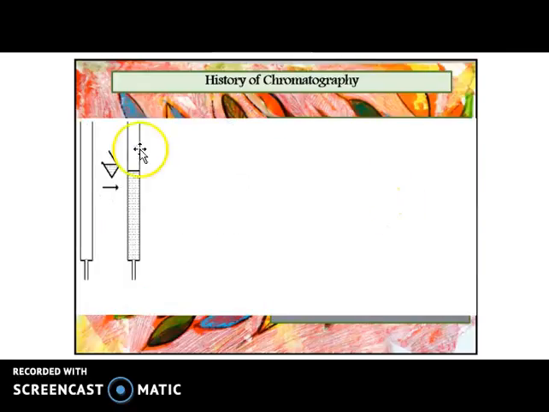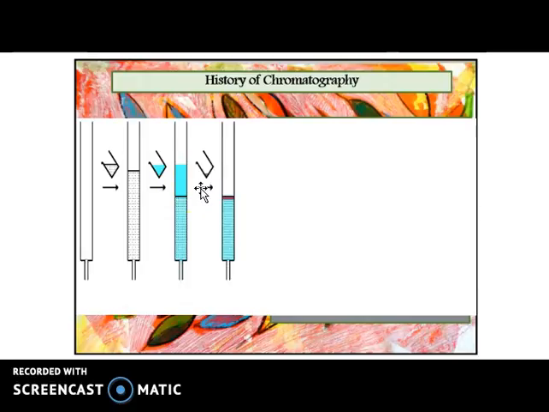So what he did is he took an empty column and filled it up with calcium carbonate. In his case, he used chalk, and filled it up with petroleum ether to make up the environment of chromatography. And he put in the chlorophyll extract.